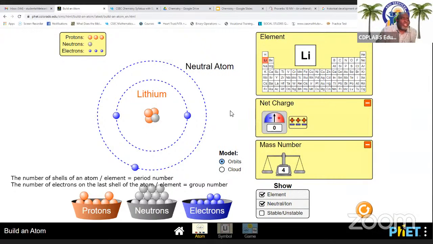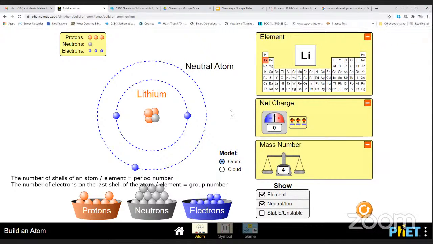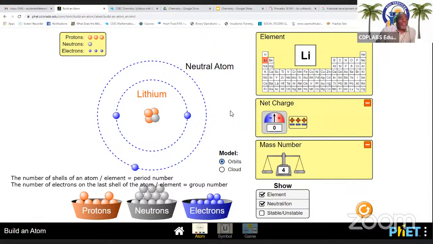Now, how many electrons does lithium have? 3. Good. Let's see if you're thinking now. What is the period number of lithium?